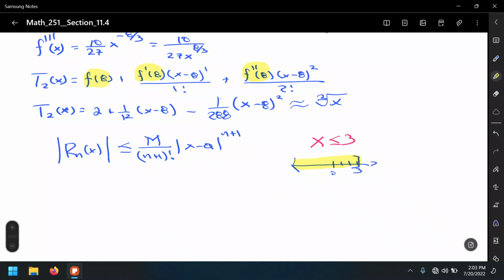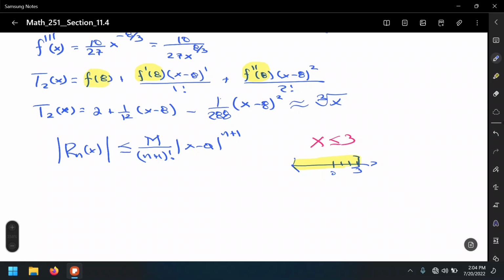But another way to say this, because this is a set of numbers, isn't it? It contains infinitely many numbers, all the numbers from negative infinity up to positive 3.